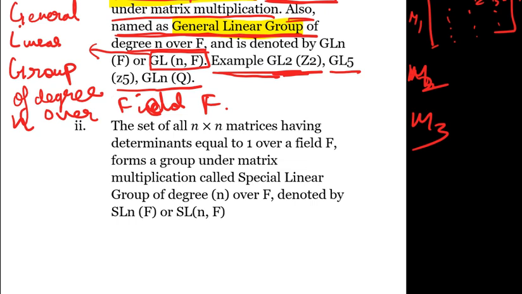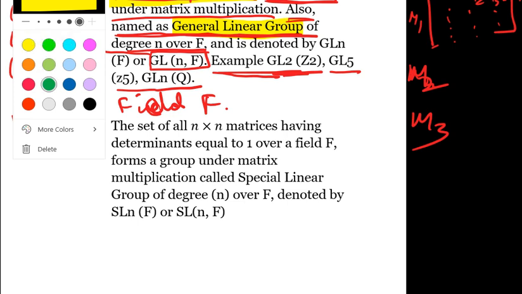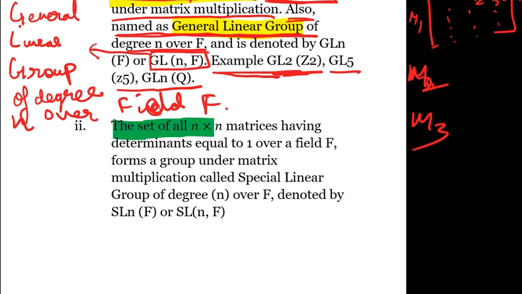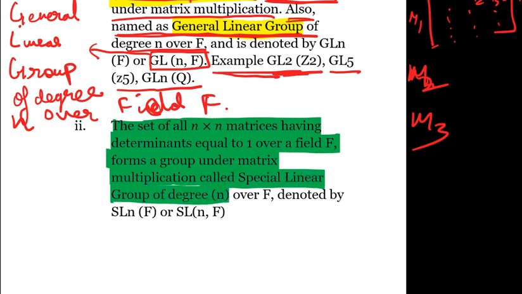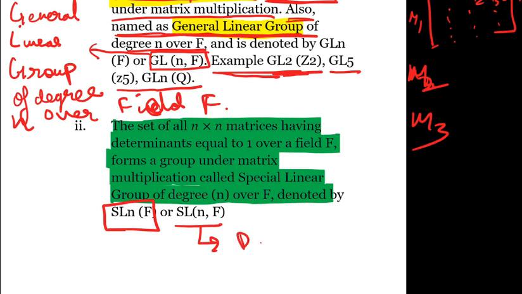The second part says that the set of all n cross n matrices having determinant equal to 1 over a field F forms a group under matrix multiplication, called the special linear group of degree n over field F, denoted by SLn(F), where n is the degree and F is the field.